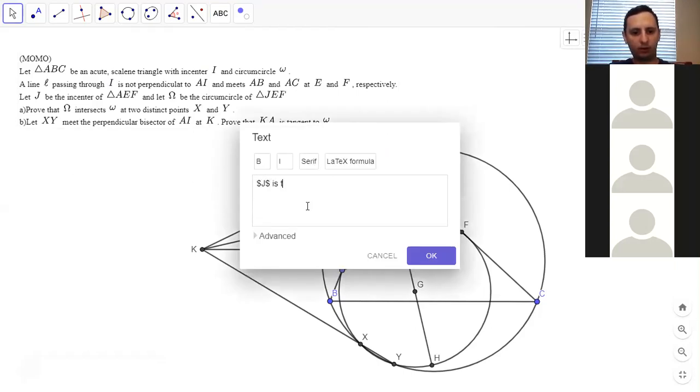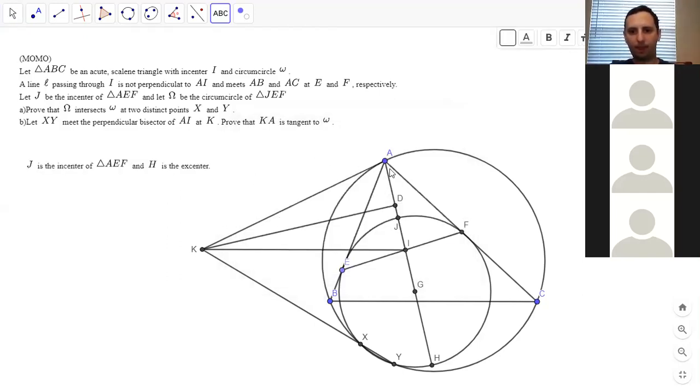J is the incenter of AF, and H is the excenter, and so J, H, I, and A are in harmonic conjugation.